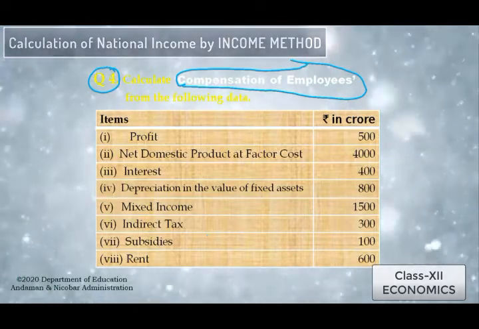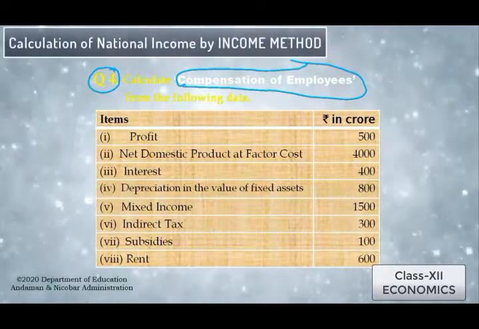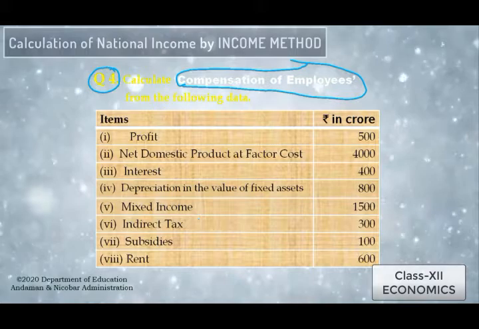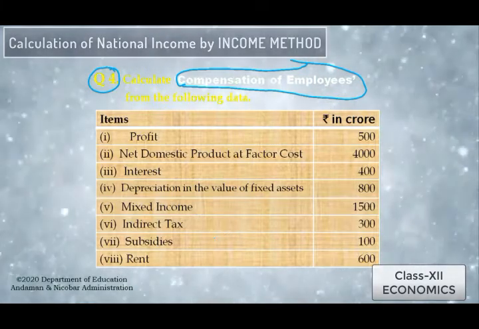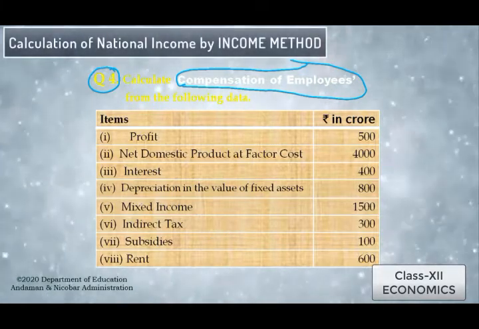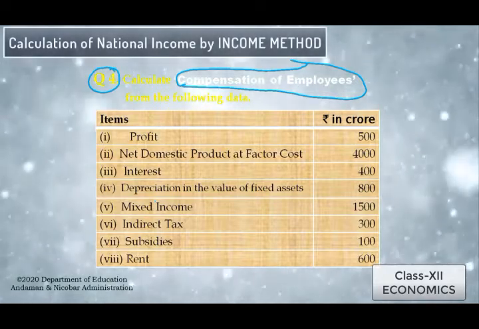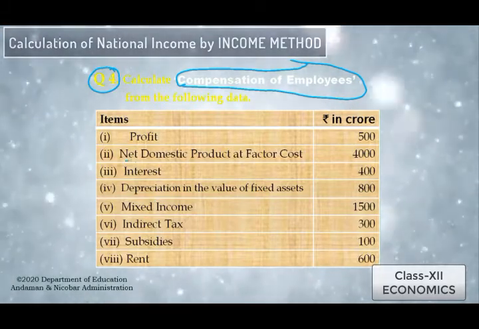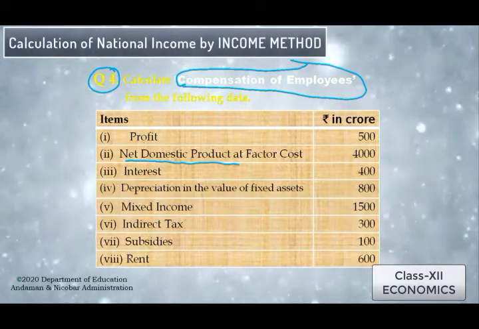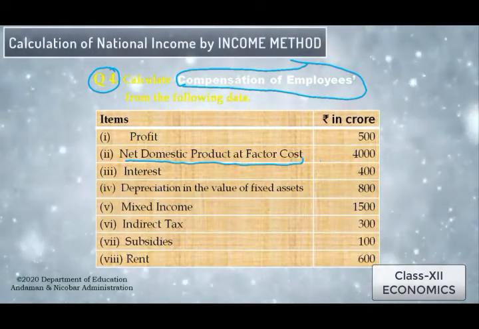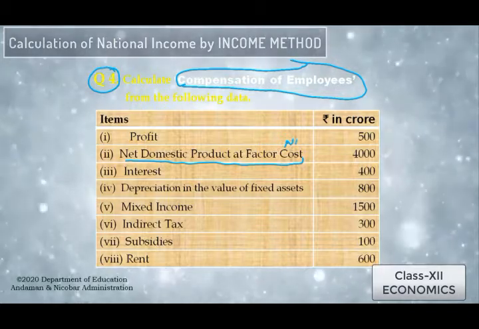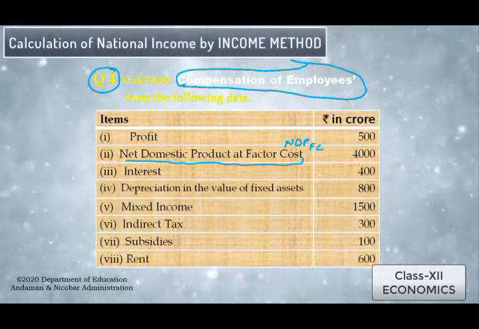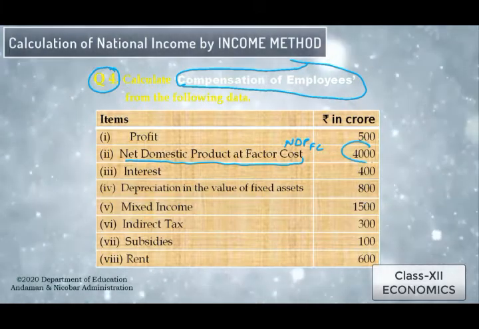So again, when we need to calculate one of the components of national income through the income method, we know that any one of the aggregate values of national income will be given in the question. So that value we have is the NDP at factor cost. The value of NDP at factor cost is given in this question as rupees 4,000.